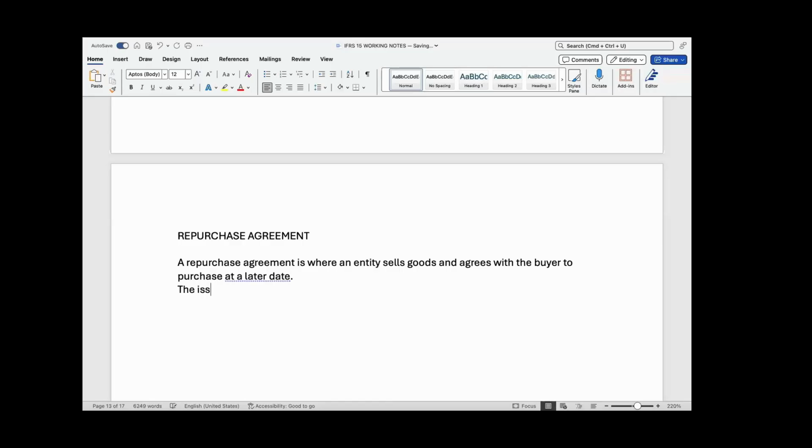So the issue here is whether the sale qualifies as a sale in line with IFRS 15, or whether it is a financing arrangement and the entity uses the asset sold as collateral.